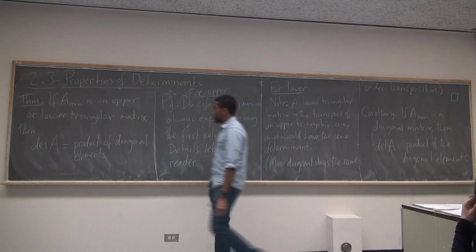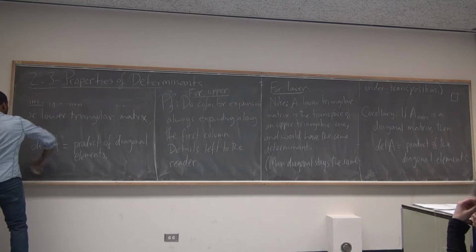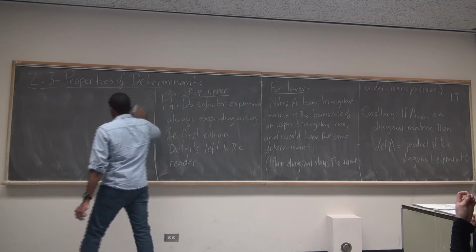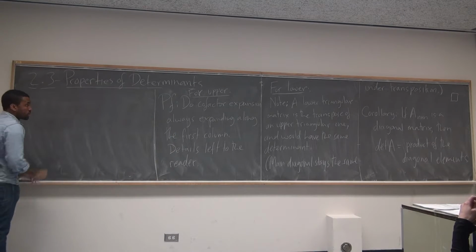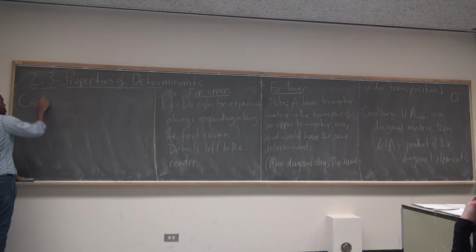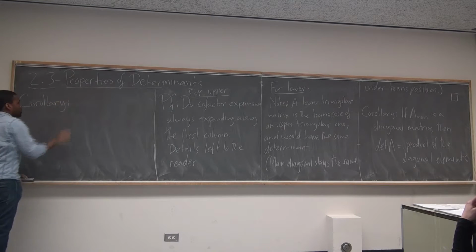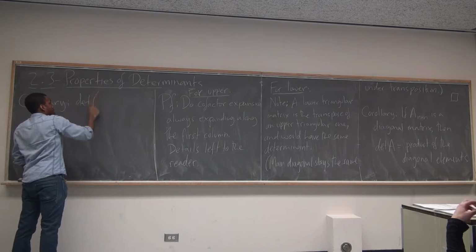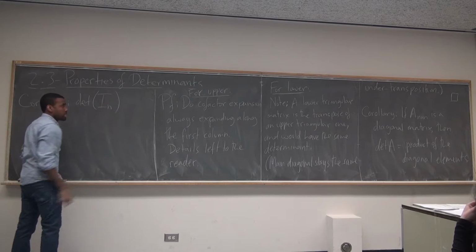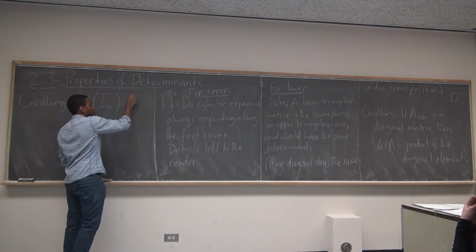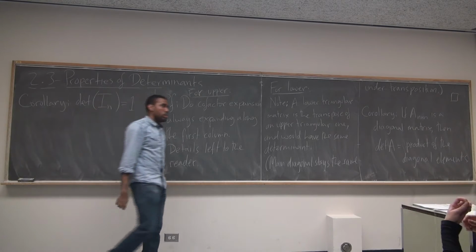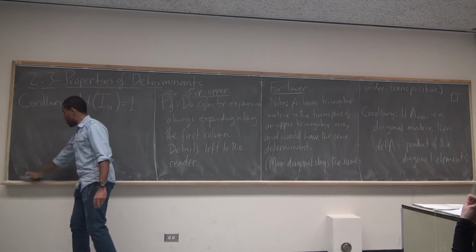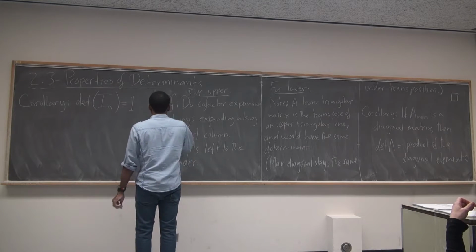So multiply the entries along the diagonal, that's the determinant. Another corollary, something that you should remember at a glance. The determinant of I_n, any size identity matrix, is always 1, because the main diagonal elements are 1. So if you multiply the numbers along the main diagonal, you get the number 1. So that's always true.